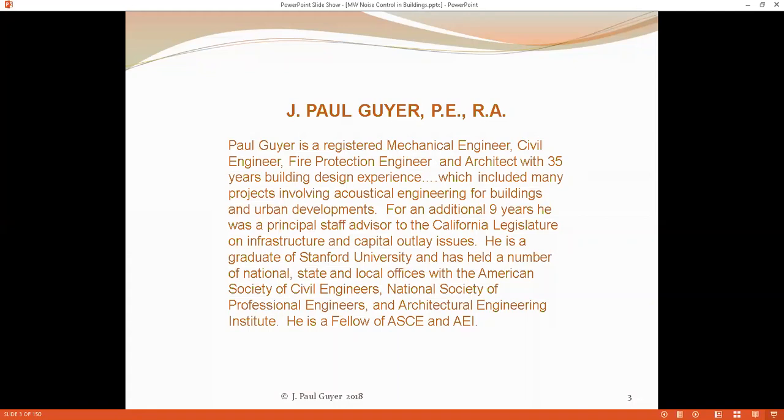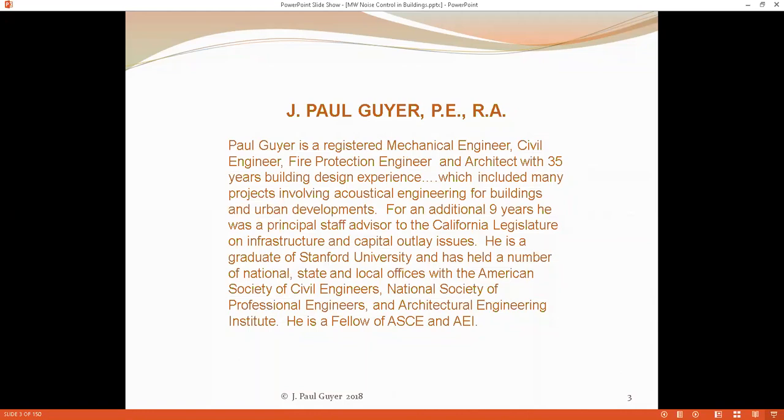So I have not been up to my elbows in noise control and sound and acoustics and that sort of thing. I got registered, as I was starting to say, in a few different things. I'm basically a mechanical engineer. That's my degree and my first registration.